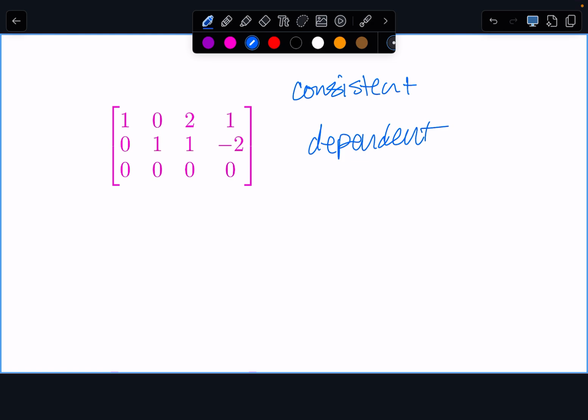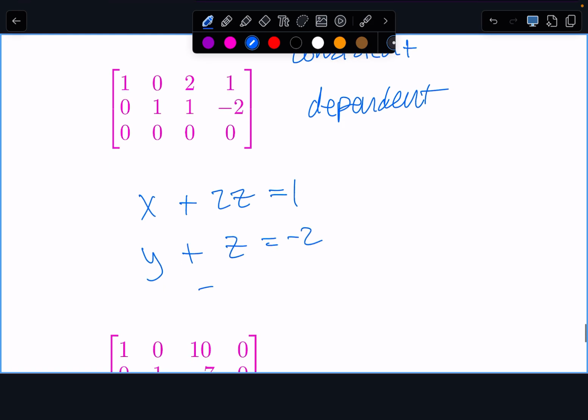This one, it would be x plus 2z equals 1. Y plus z equals negative 2. And z equals z. Z is the free variable, so you set it equal to itself. Z equals z. Because 0 equals 0. That's what makes it consistent. So to write this in, you have to write it in terms of z.